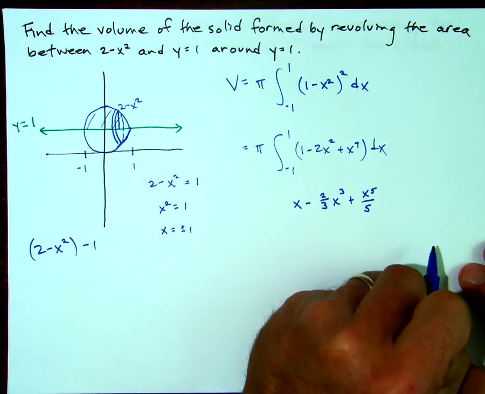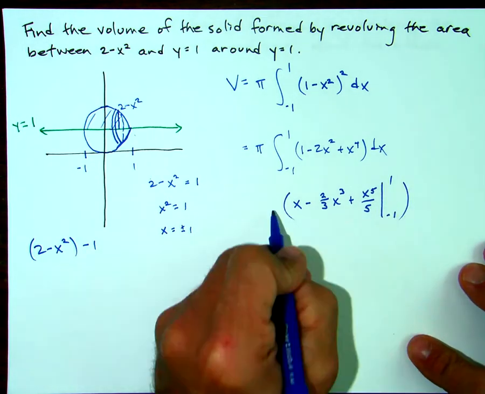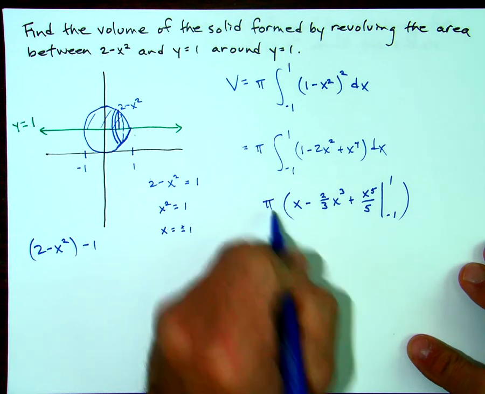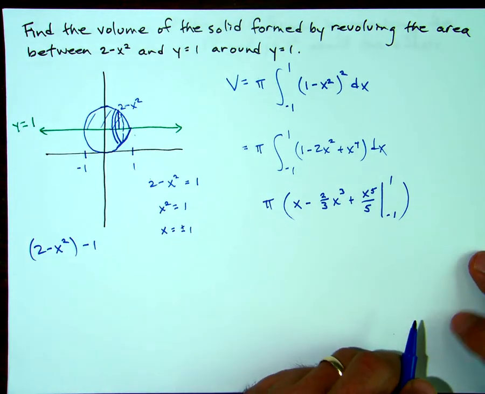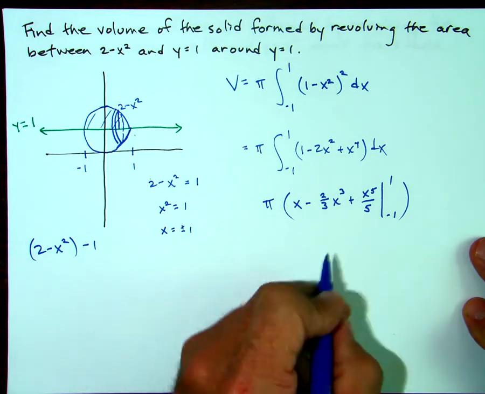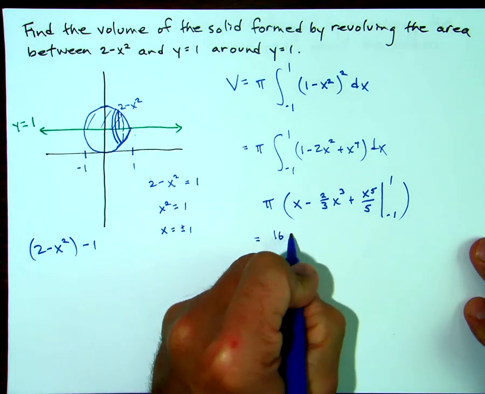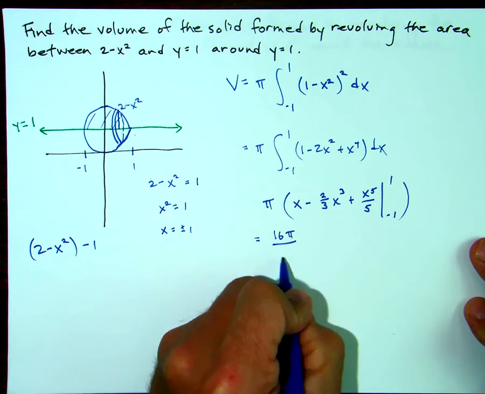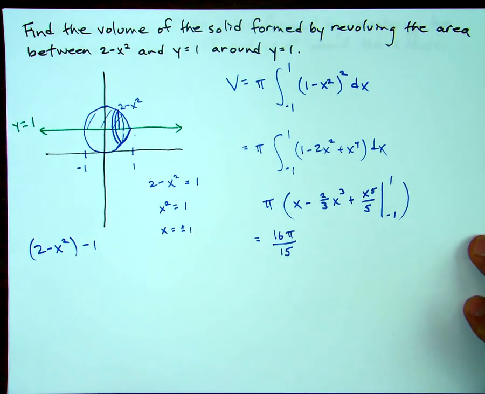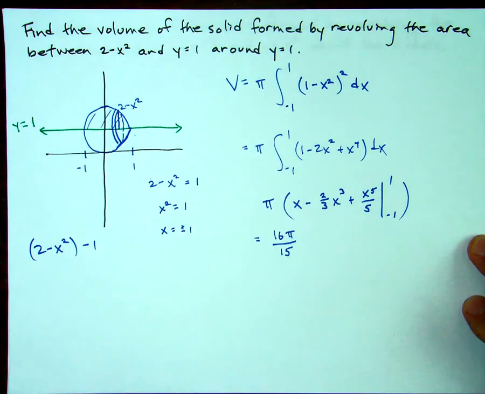That's the antiderivative. We're going to go from negative 1 to 1, and then take that whole thing and multiply it by pi. And if you plug that all in, I'm not going to do all the arithmetic here. That's kind of a waste of both of our times on the video lecture. I'm just going to plug it in and tell you that that will turn out to be 16 pi over 15. All right. So again, the idea is we had to find the limits of integration and figure out what our r of x is.